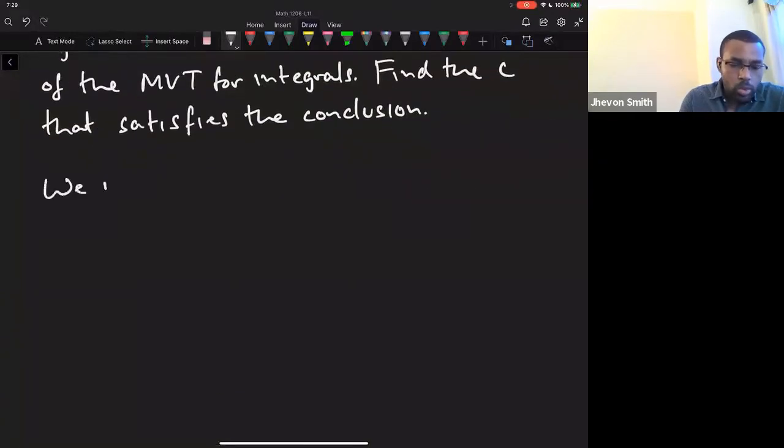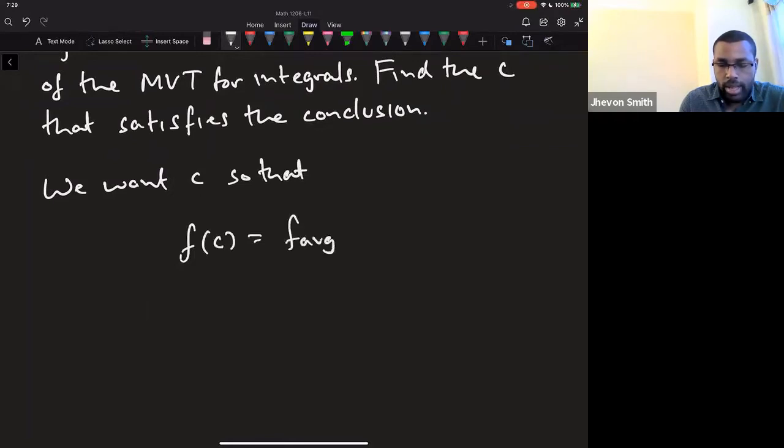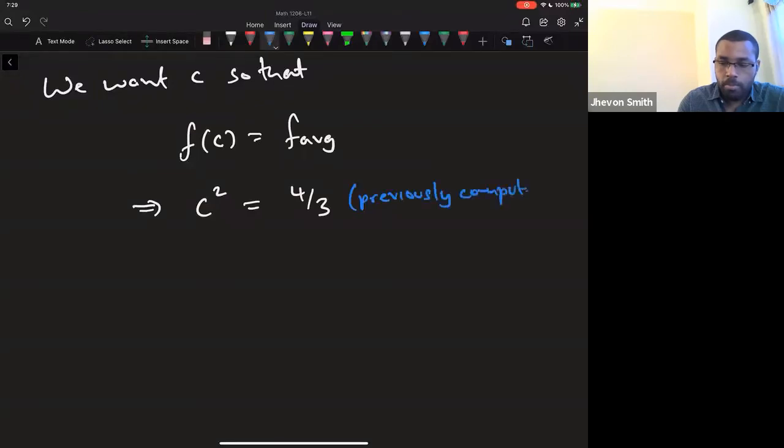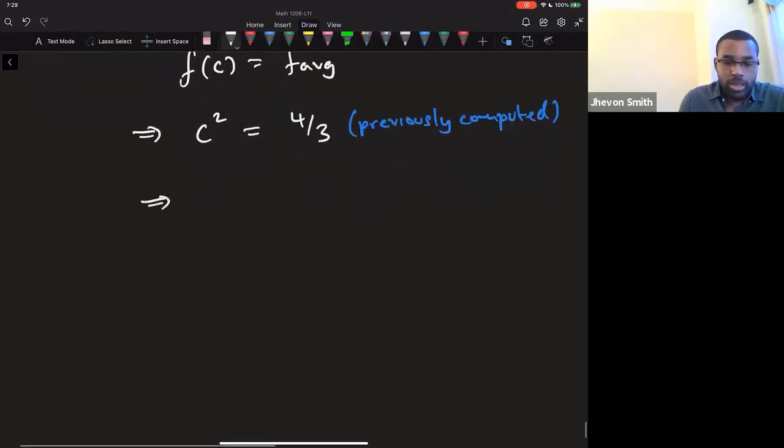So the idea is we want C so that f of C equals the average value. This means we want C squared equals, we computed that to be 4 over 9. So I can just solve for C. C is going to be plus or minus 2 over root 3.